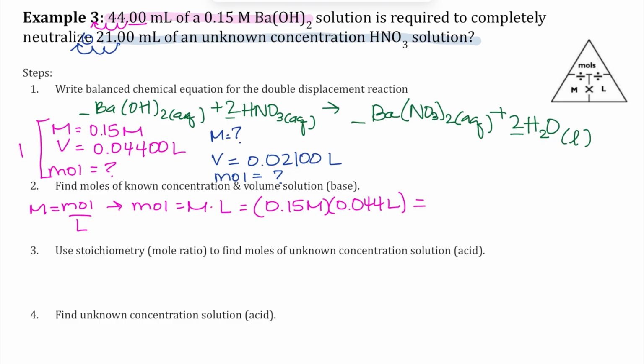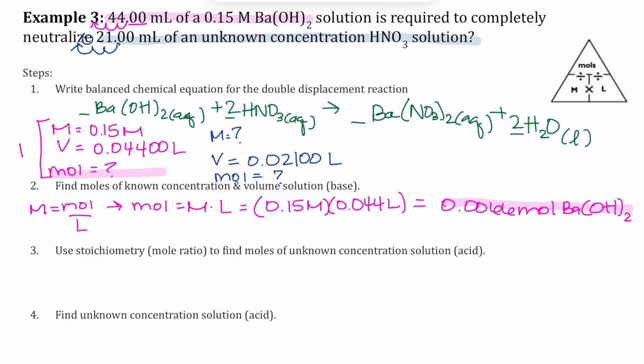And then I get 0.0066 moles of barium hydroxide, Ba(OH)2, is how many moles of that base that I have. I dropped my zeros on the end here because this was 2 sig figs, and so then I just dropped it without having to write the zeros. So that's how many moles of barium hydroxide I have. I now know this piece of information.